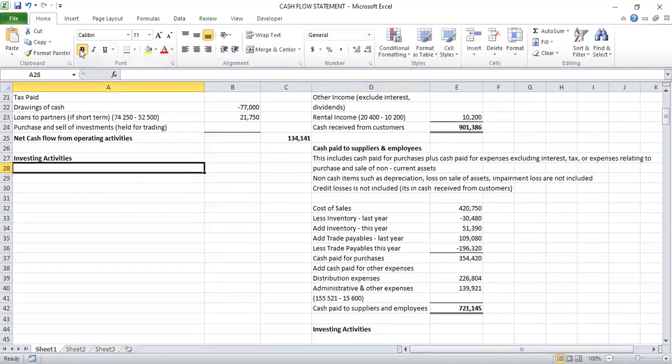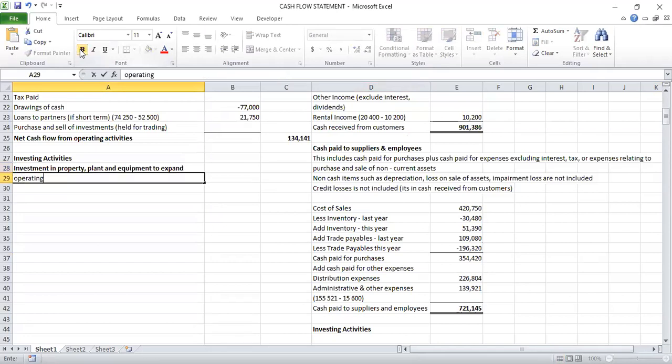So we can say investment in property, plant and equipment, for investment to expand the operating capacity.